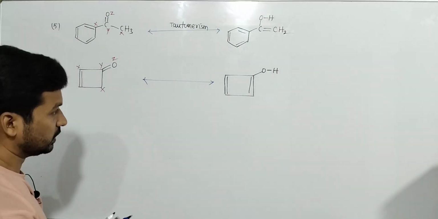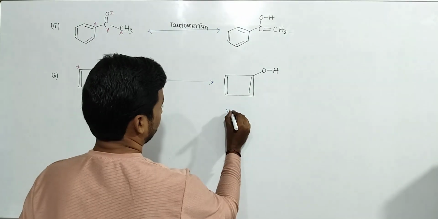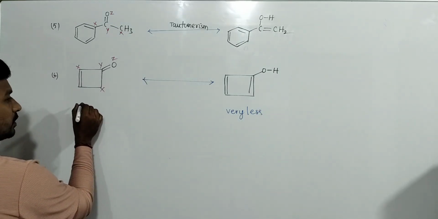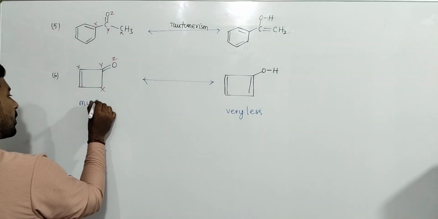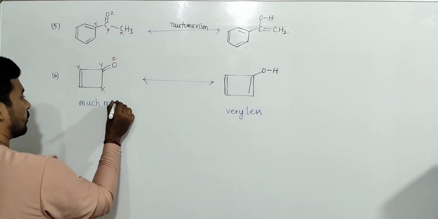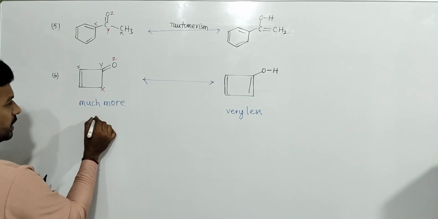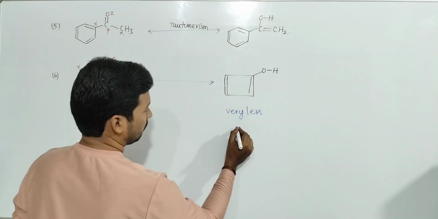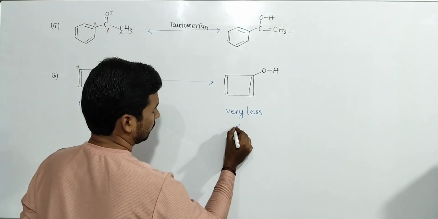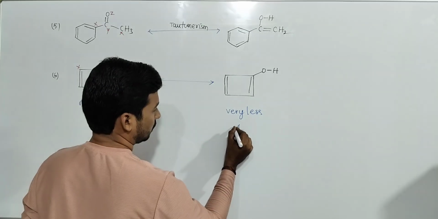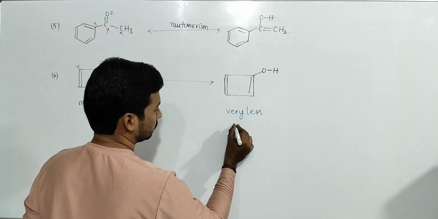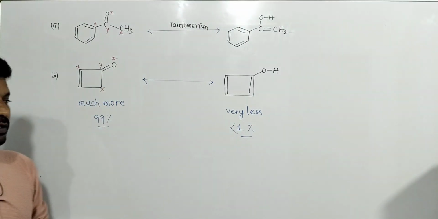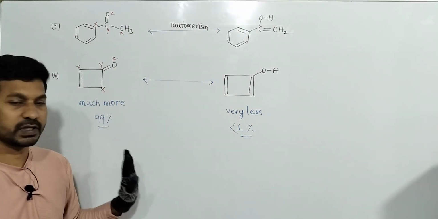But this content is very less. This is much more. They are interconvertible, but almost 99% exist in this form only. Only 1% or less than 1% exists in this form.